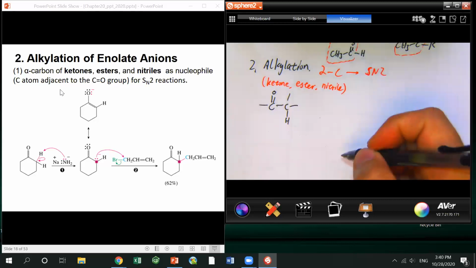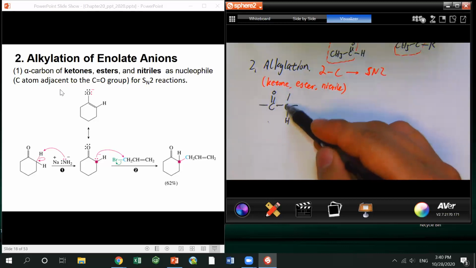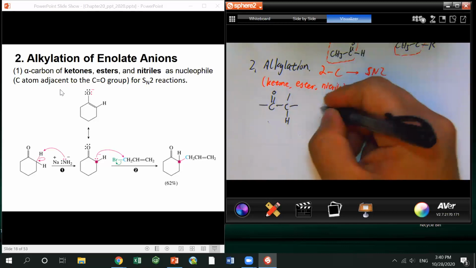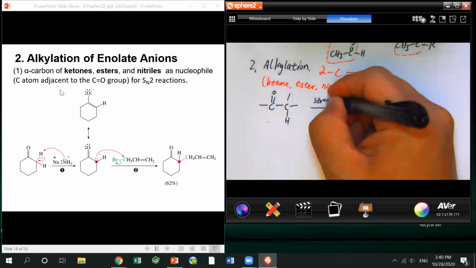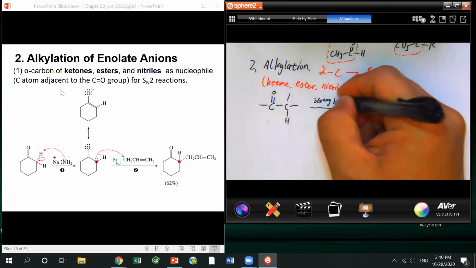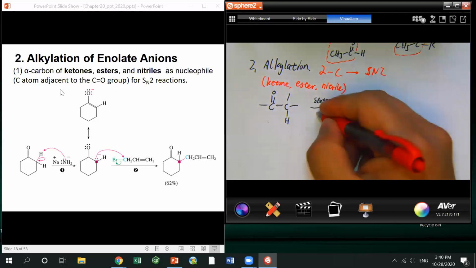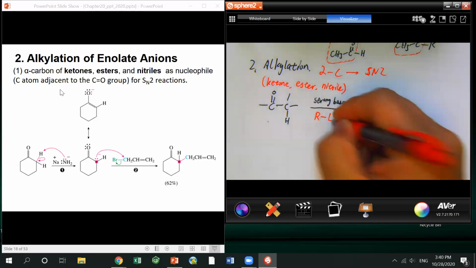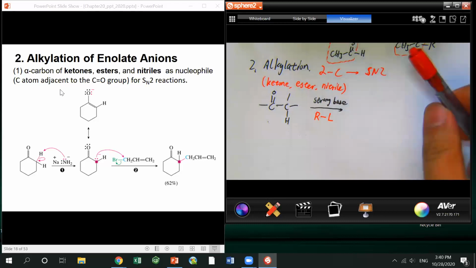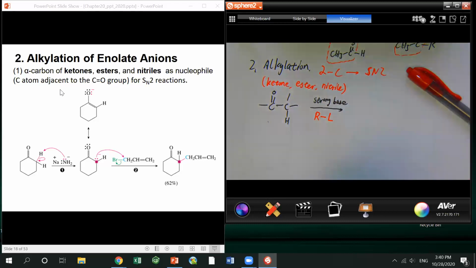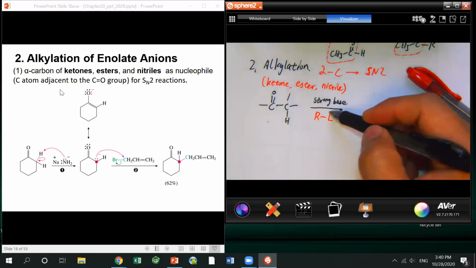So we have this carbonyl compound, this is the alpha carbon, and then you use a strong base and react with a substrate, any substrate with a good leaving group. Once the reaction is done, this alpha carbon acts as a nucleophile and replaces the leaving group.